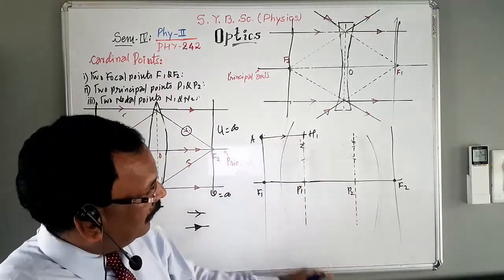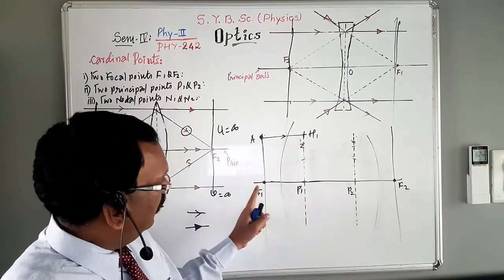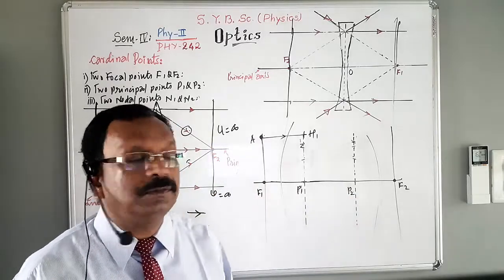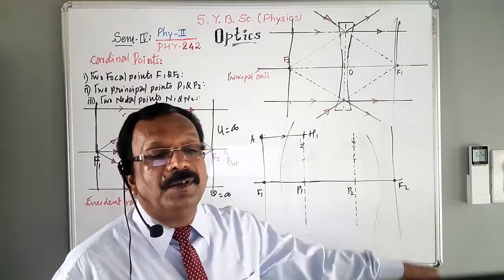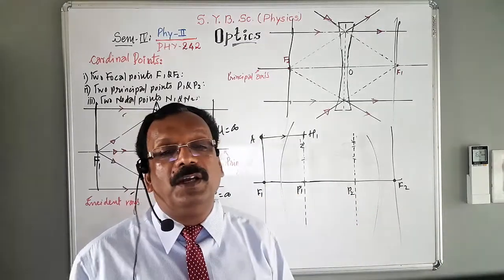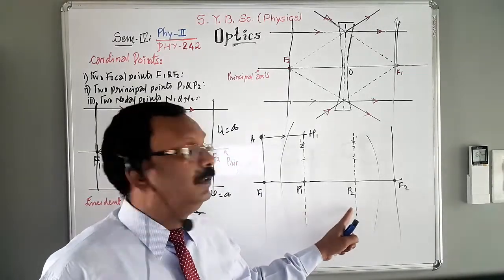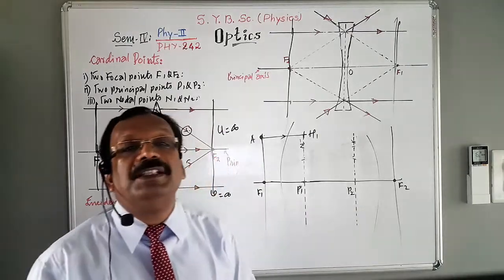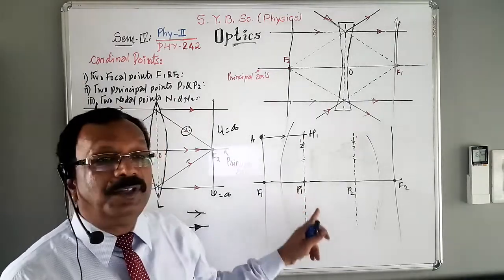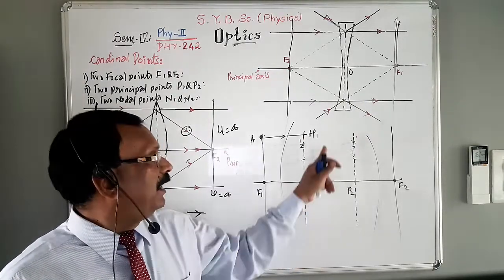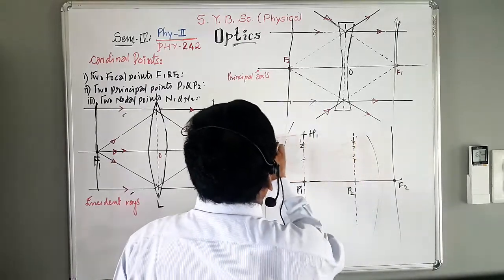Here, this is also a thick portion whose principal points are P1 and P2 and whose focal points are F1 and F2. So here F1 and F2 are the first and second focal points of the optical system respectively. P1 and P2 are the first and second principal points of the optical system respectively. In this figure, H1 P1 and H2 P2. See here.